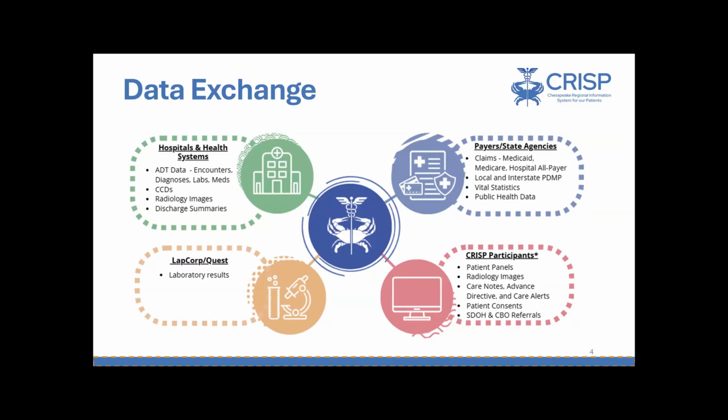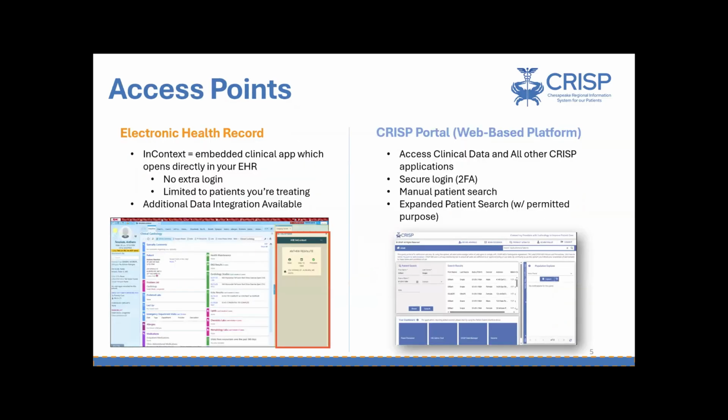So using the data exchange for what we receive here, we can send back that data to various access points. Typically, users will be either accessing this information through their electronic health record or through the CRISP portal. The difference is the health record is an embedded widget within your EHR, so it's going to show information for the patient that you already are looking at through your EHR.